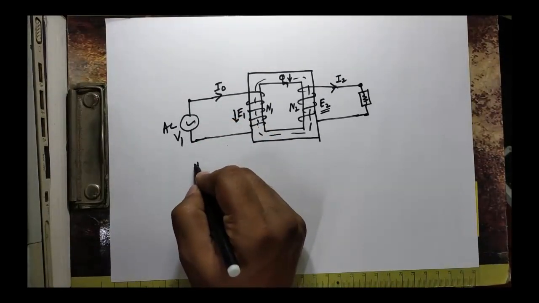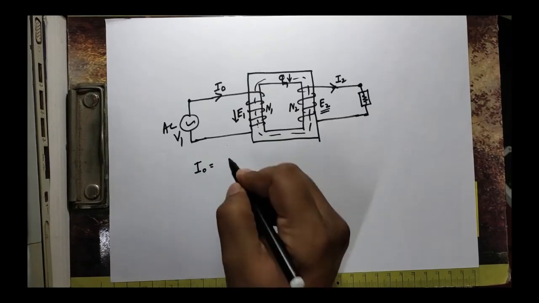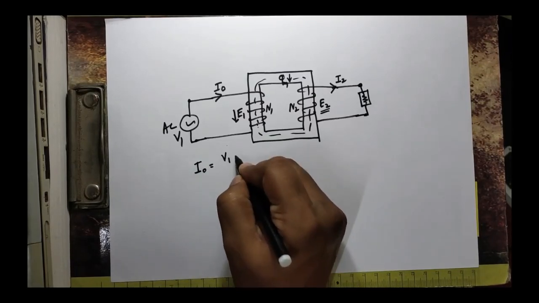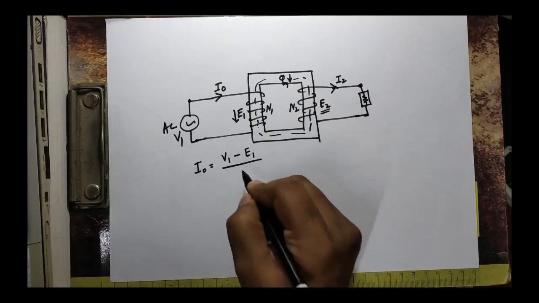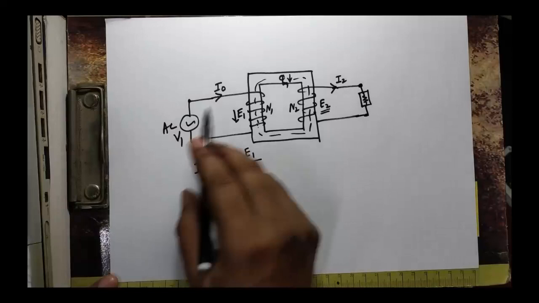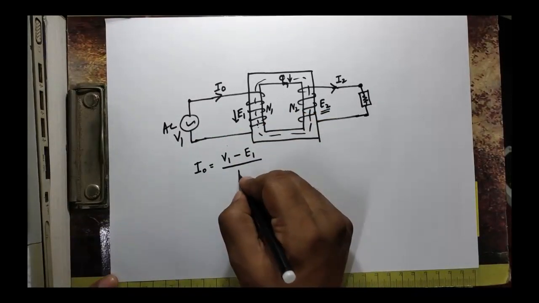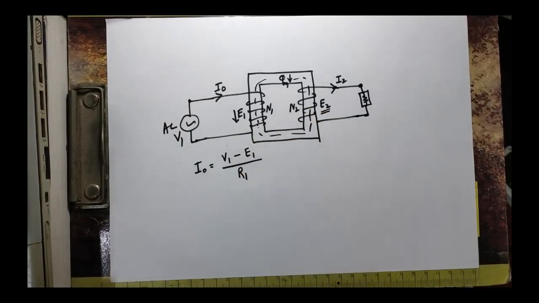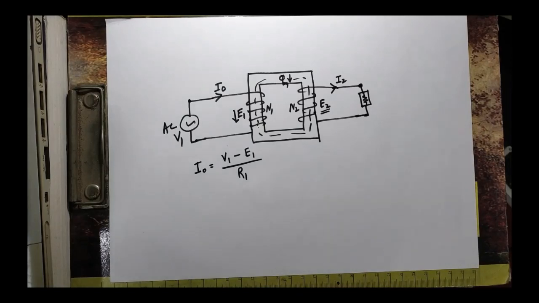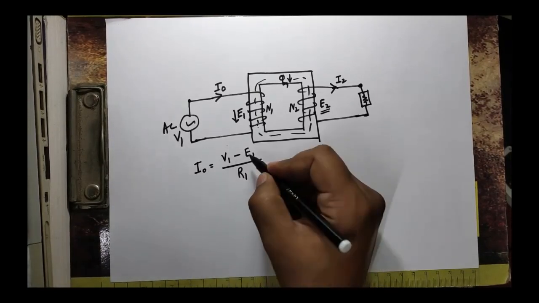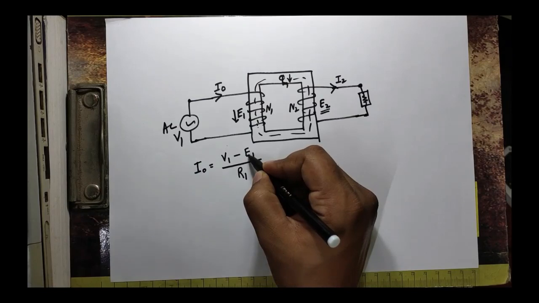See, here I can say that I naught is equal to V1 minus E1 divided by, suppose the resistance of this primary winding coil is R1. Very simple. So the I naught will be this one, (V1 minus E1) by R1. Obviously these are all vector quantities, since they are all AC, alternating quantities. Fine. So now see, earlier this E1 was more, right?